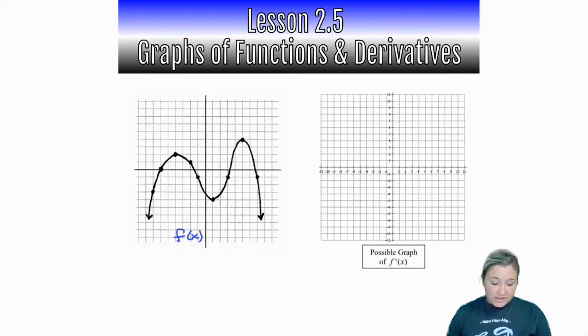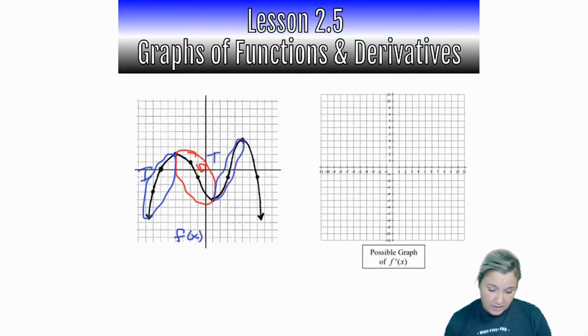What you'll notice is that I'm increasing for these values here, and then I'm decreasing for values here, and then I'm increasing again for values here, and then I'm decreasing for values here.